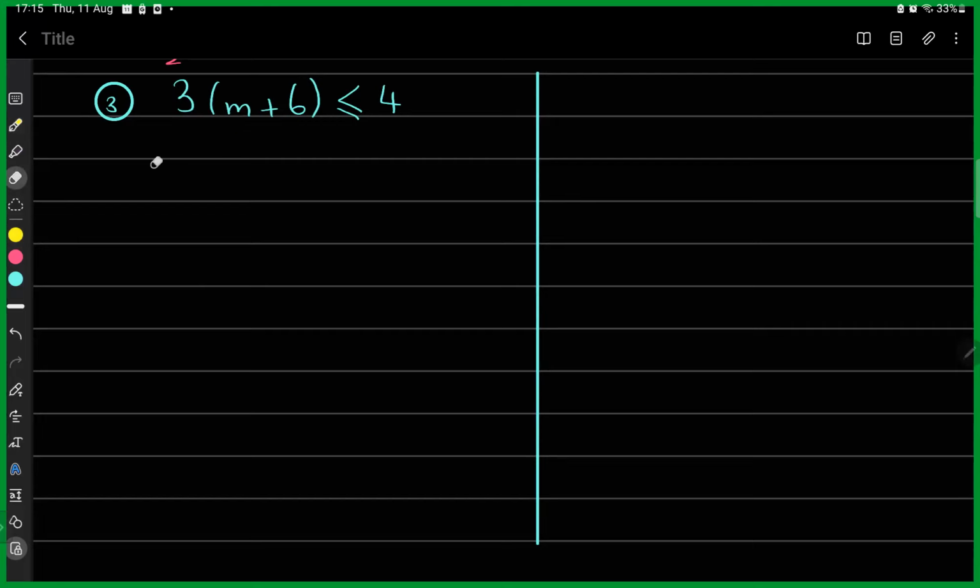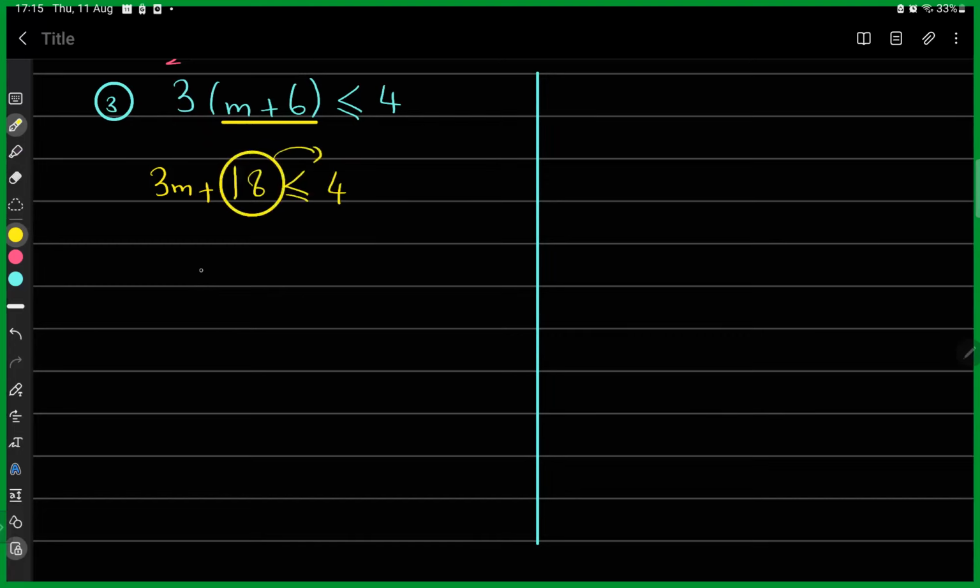Let's just multiply this 3 with the bracket right here. So 3 multiplied by m would give me 3m plus 3 multiplied by 6 would give me 18 is less than equal to 4. Next, I need to take this 18 on the other side.